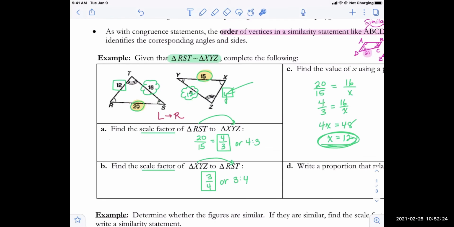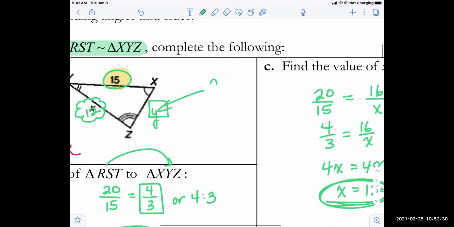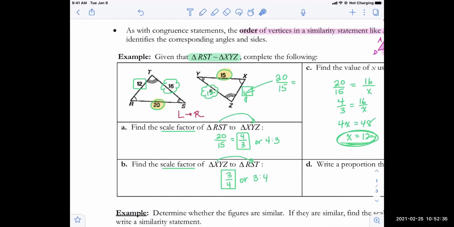Okay, you want to make sure you're going from this one to this one if we do 20/15. So if we say 20 is to 15 as you want to start, I'm going to use y. What's the side that corresponds to y over here? Give me a number, 12 or 16? Oh, 12. Okay, so these are the ones that correspond, right?